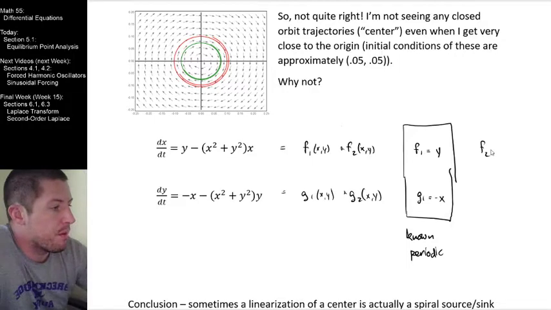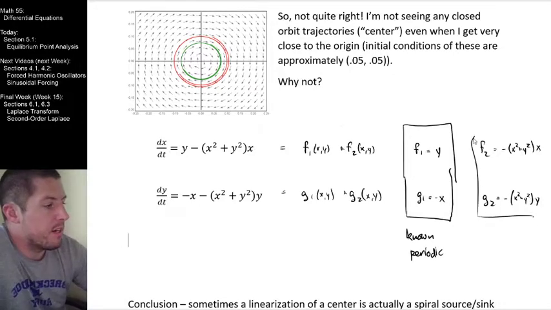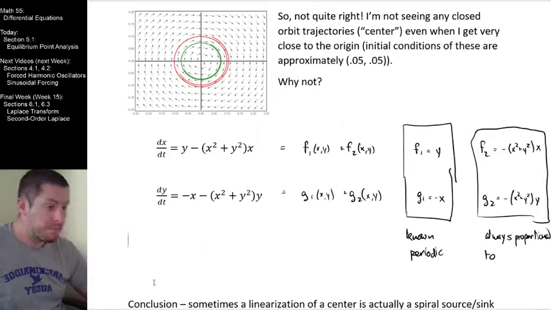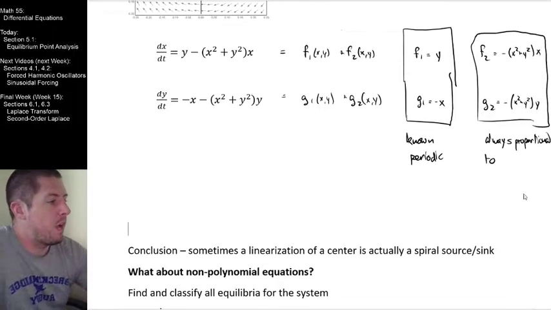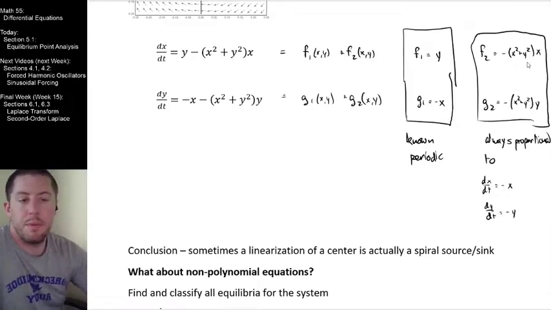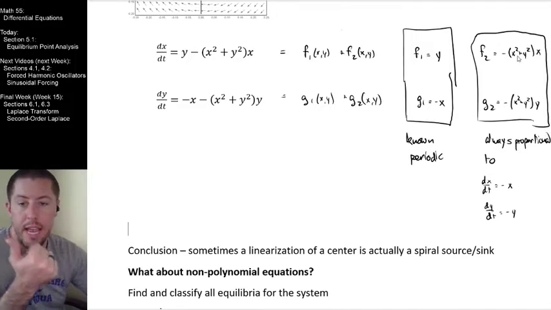However, if we look at this f2 component here, being negative (x squared plus y squared) times x, and the g2 being negative (x squared plus y squared) times y, what you should notice is that this is always proportional to dx/dt equals negative x and dy/dt equals negative y, because x squared plus y squared is guaranteed to be positive and the exact same value across both of them.